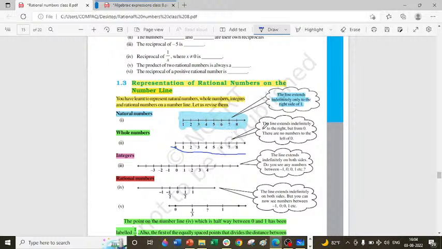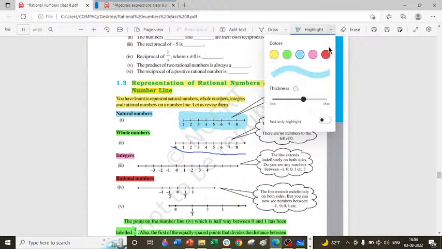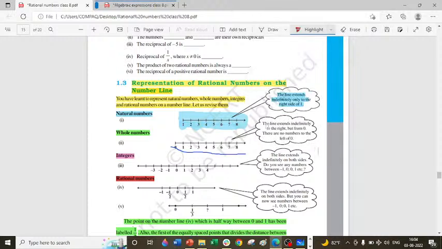Let's highlight this first and then read it. Over here the line extends indefinitely to the right, but from 0 there are no numbers to the left of 0.